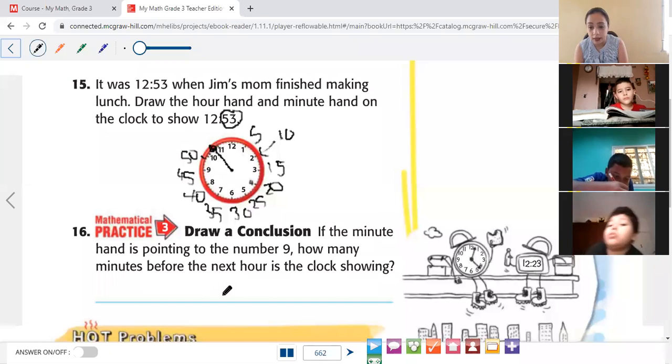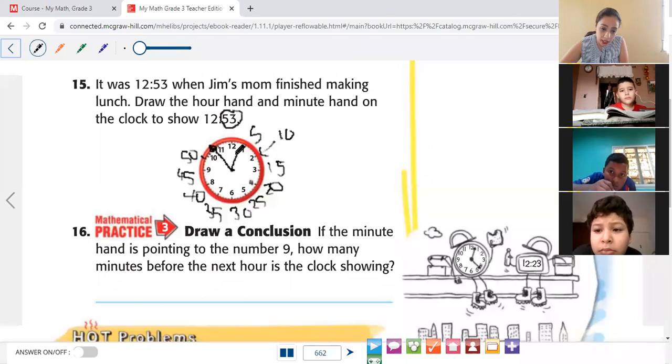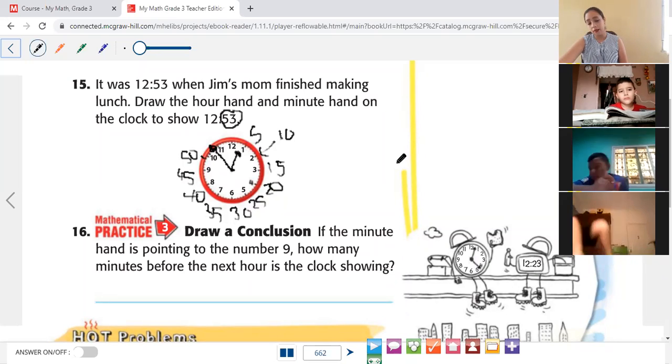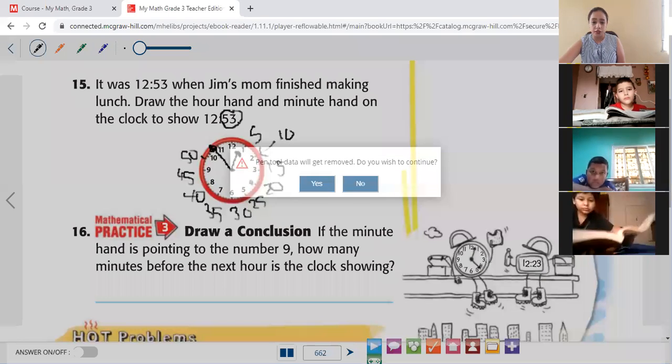Now, let's look at the short hand. The short hand tells me it is 12:53. So it's going to be 1. So the short hand should be near number 1. Okay, now let me erase this so you can see it much clearer.